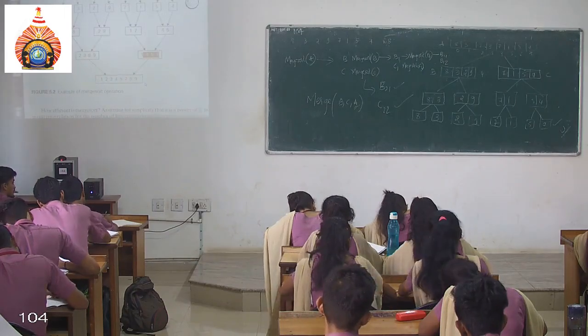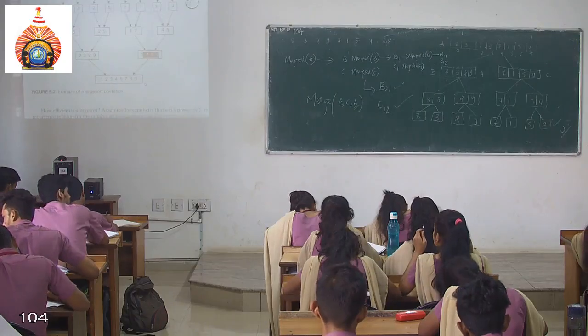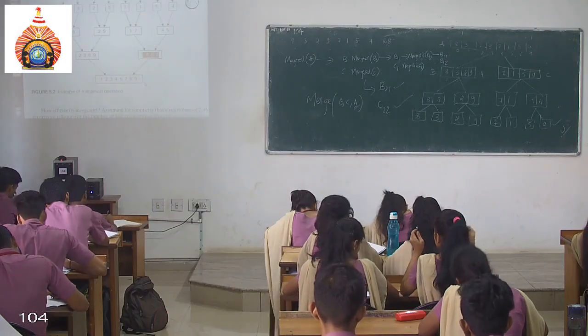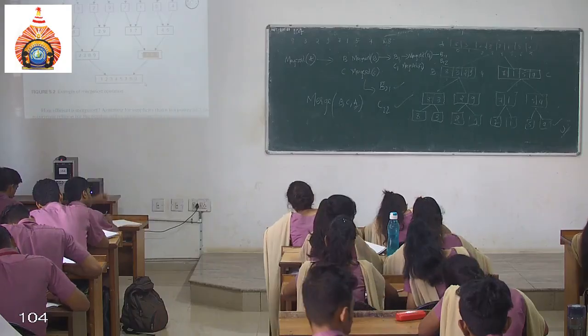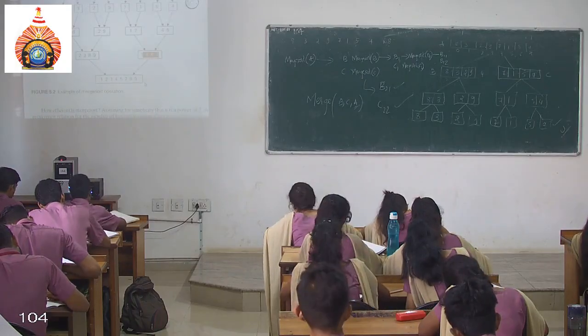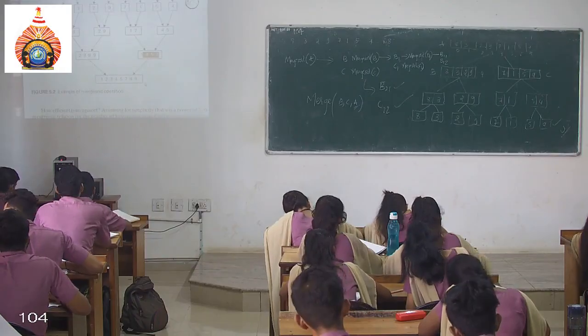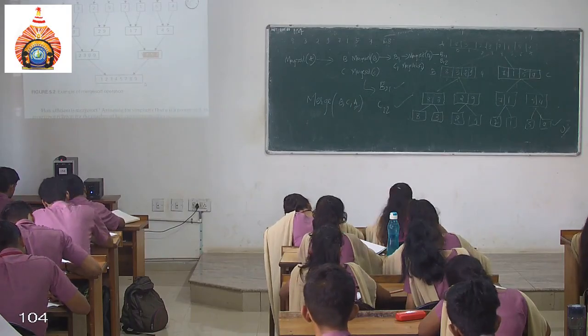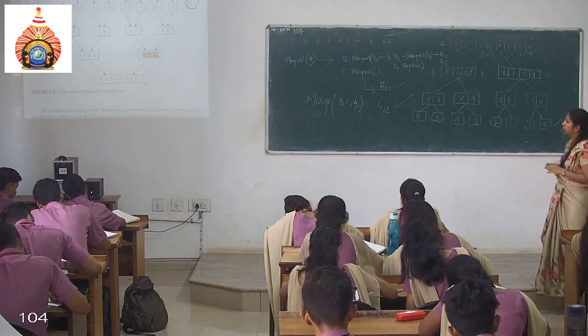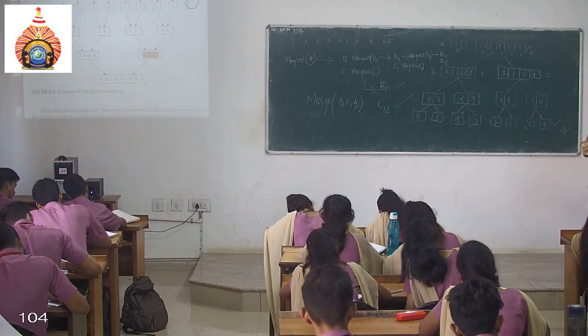You have to write 2 arrows here. Correct? For this, input is both and output is this one. Write the arrow marks. Two inputs, one output for merge.